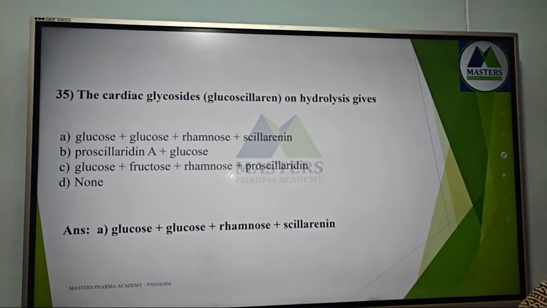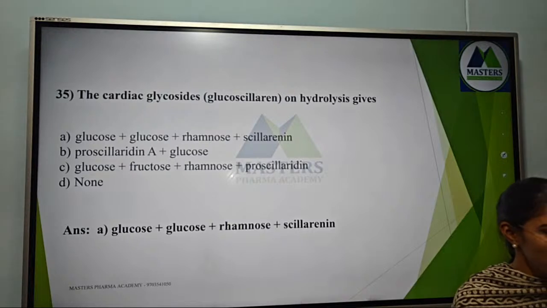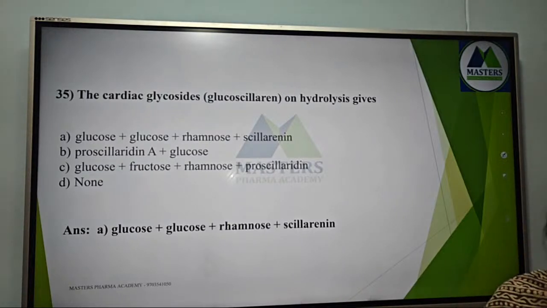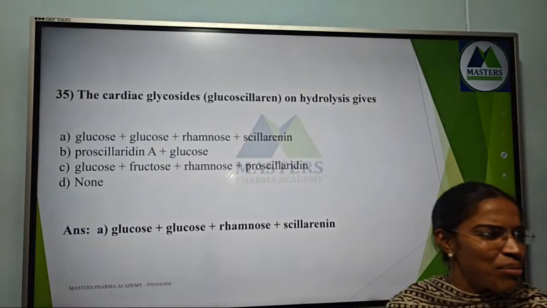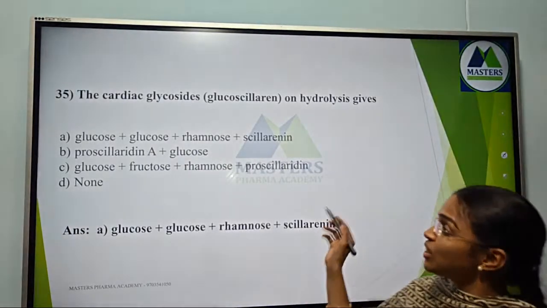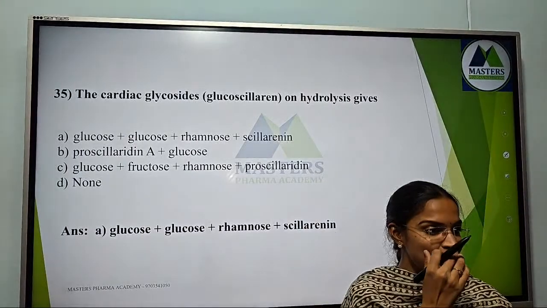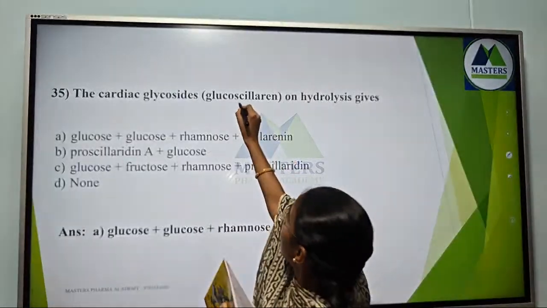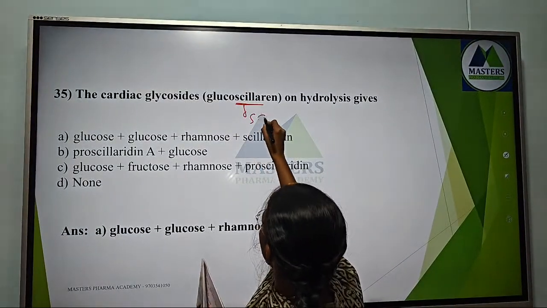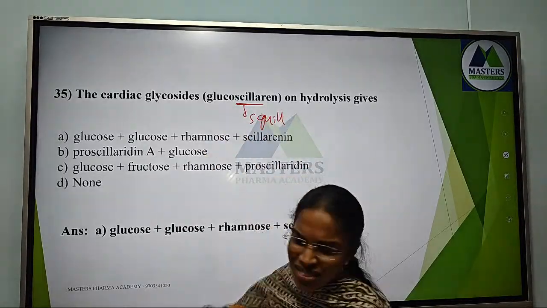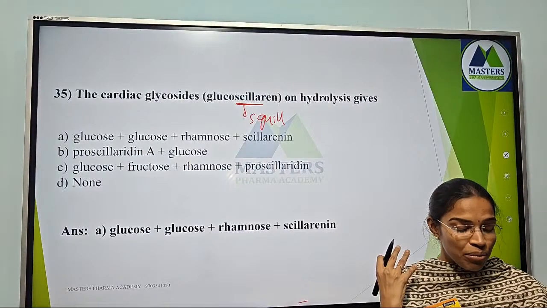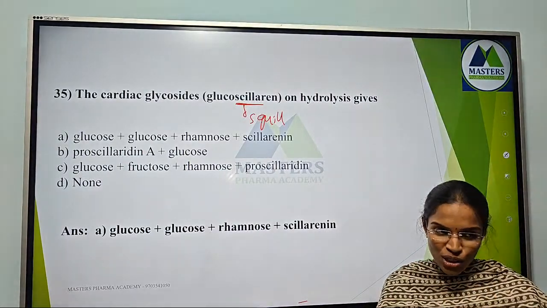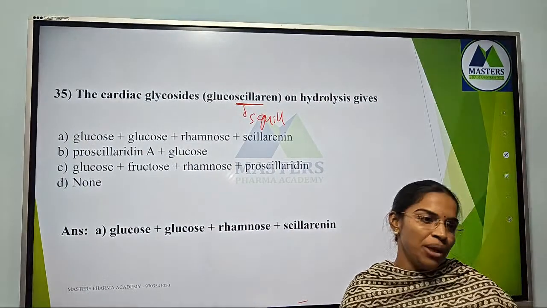What is the biological source of glucoscillaren? Scillaren is obtained from squill. That's what I'm repeating so many times: identify the biological sources properly.